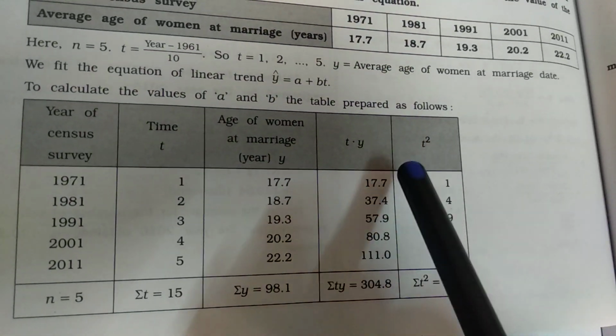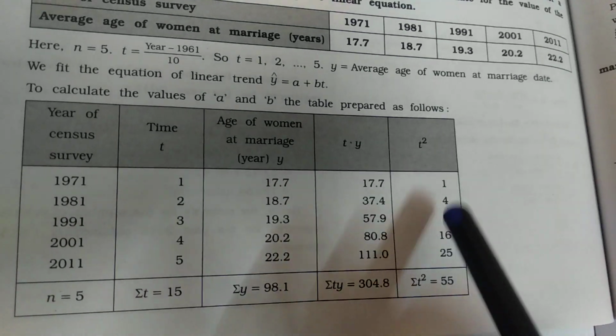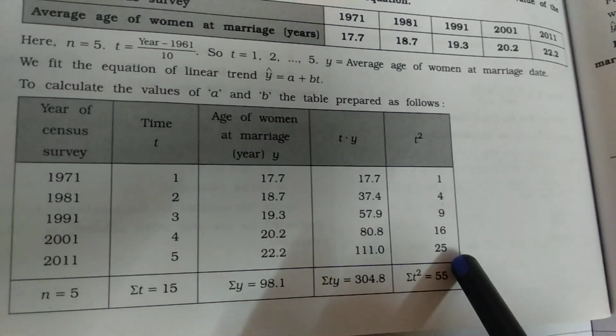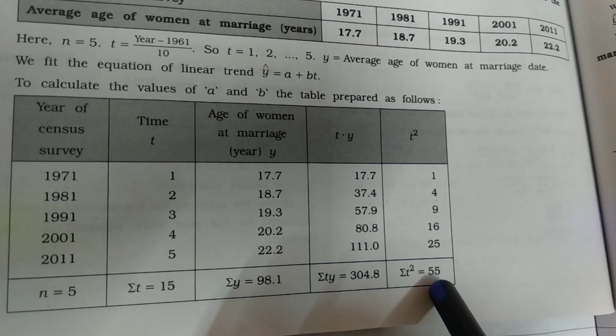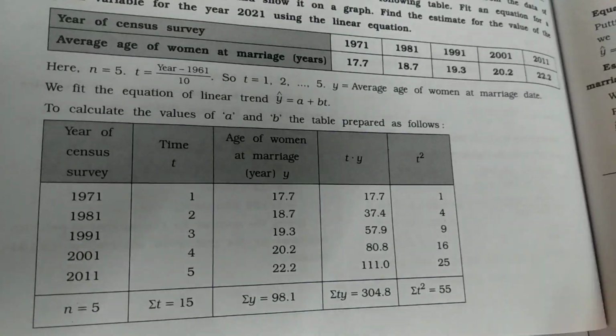Next we want t square. So 1 1 is 1, 2 2 is 4, 3 3 is 9, 4 4 is 16 and 5 5 is 25. So total sigma t square is 55. Now we find t bar and y bar.